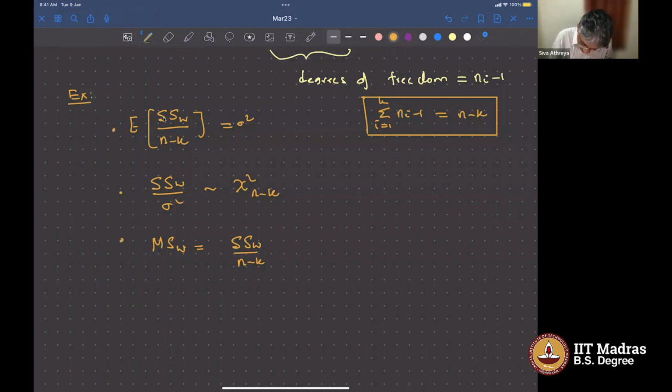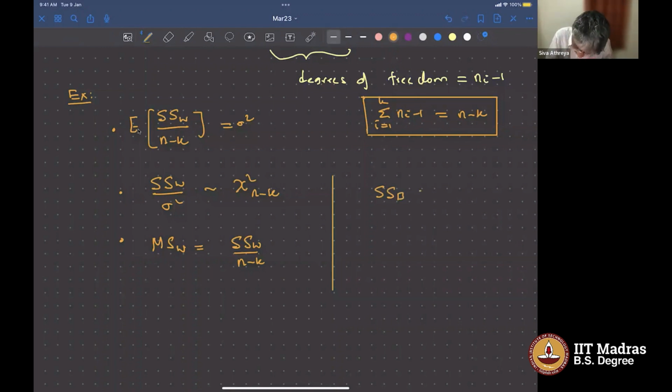The second fact, the same way, is the between sum of squares. So here again, you do the mean squared between. Here you do the SSB. The SSB is the sum of what? How do I write it?